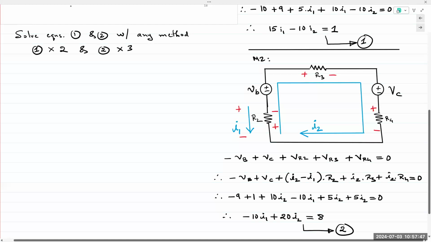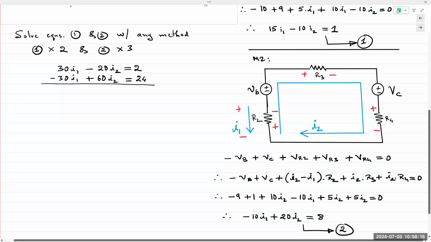That would give me 30 times I1 minus 20 times I2 is equal to 2. And then for equation 2, I obtain minus 30 times I1 plus 60 times I2 is equal to 24.